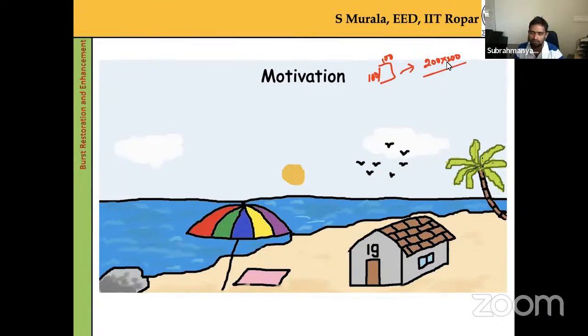So the main definition of converting an image from 100 by 100 to 200 by 200 is nothing but interpolating the pixels in between. For each pixel, you are going to interpolate another pixel. Here I'm having 100 rows and 100 columns, so I'm interpolating 100 again.